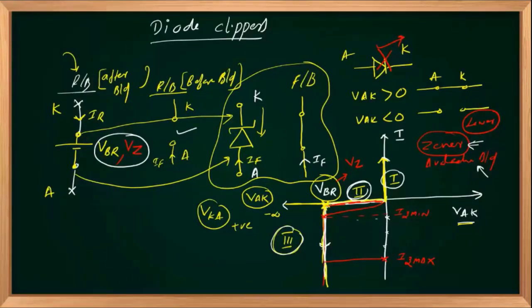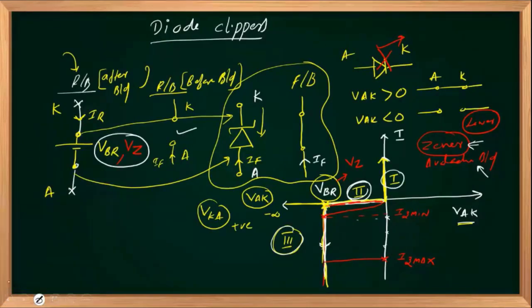practically, there will be a non-zero current in the reverse direction, and there should be a minimum current in the reverse direction so that the diode can operate in the breakdown region.